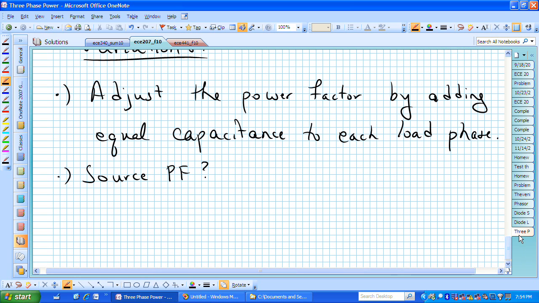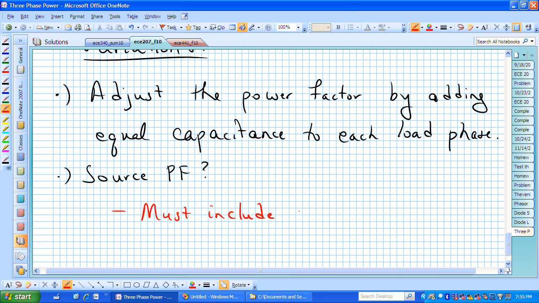And there are a couple of ways that you could look at solving that problem. You could say, okay, if we need the source power factor, not only do we need to worry about the loads, but we also need to worry about the line power, the power that's lost in the line. So for this, one way would be to include, we've already found the load complex power. We would have to find the complex power of the lines between the source and the load to find the source power factor.